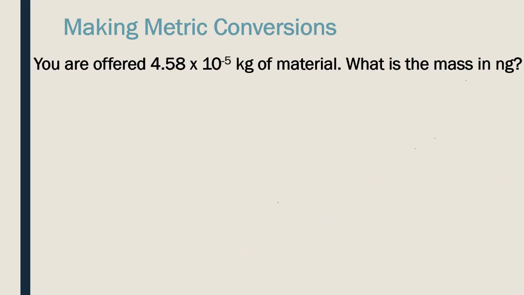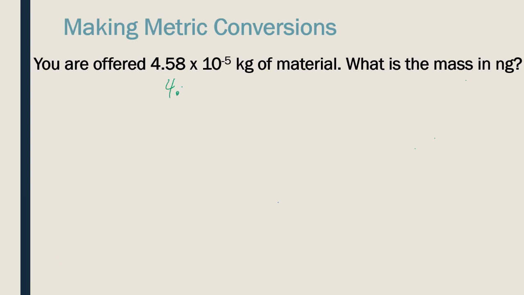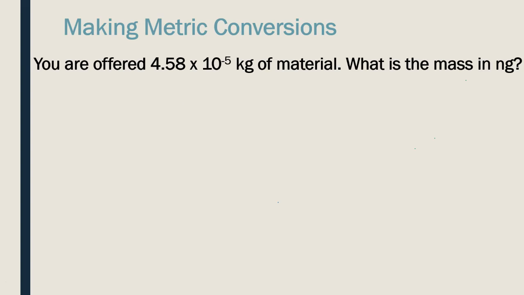All right, so let's try another one going to nanograms. So if we have 4.58 times 10 to the minus 5 kilograms. So hold on a second. So we're going to need the kilogram thing. Well, actually, I can do that. All right. So given is 4.58 times 10 to the minus 5 kilograms.